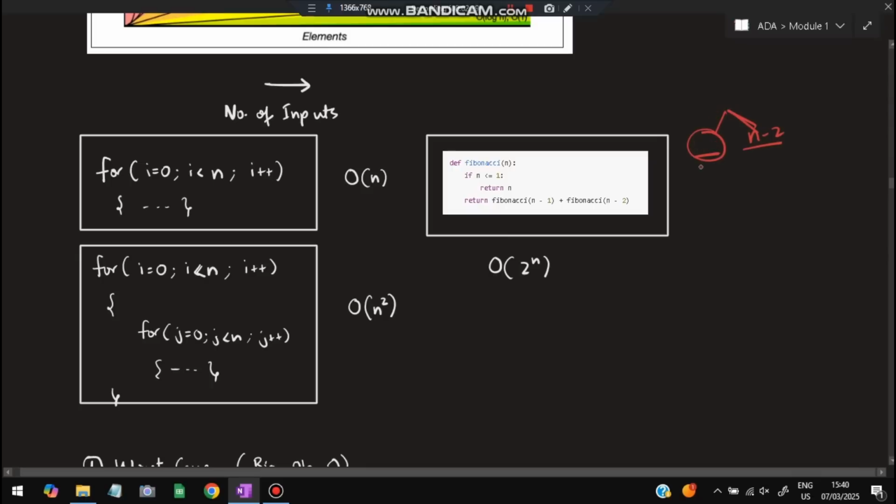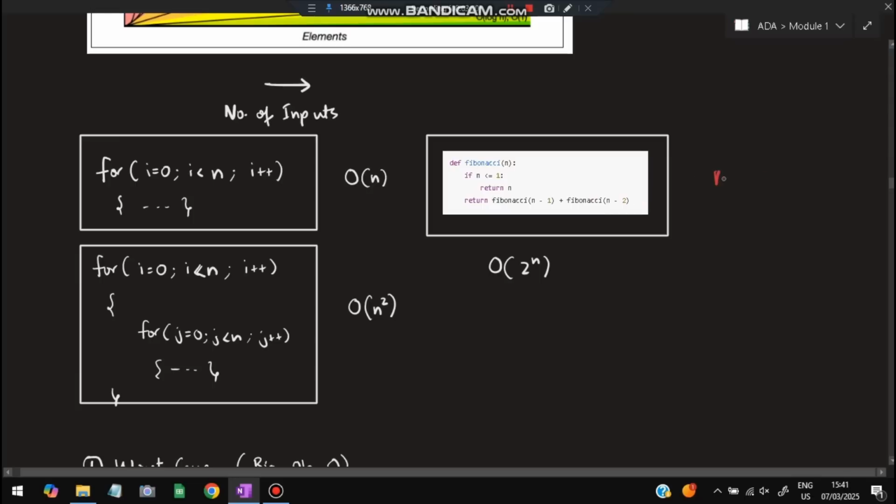Each value is calculated from two other values, and those are also each calculated from two other values. So 1 becomes 2 times, 2 is called 4 times, 4 is called 8 times, 8 is called 16 times, and so on. It is increasing exponentially, and exponential is much larger than square.